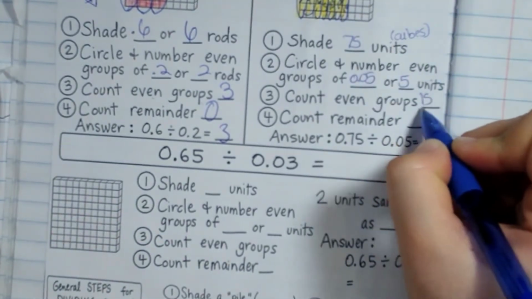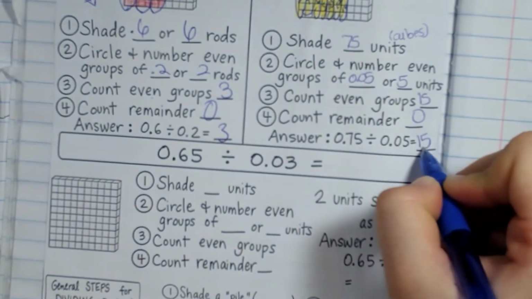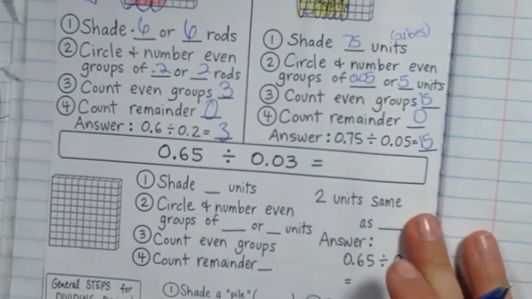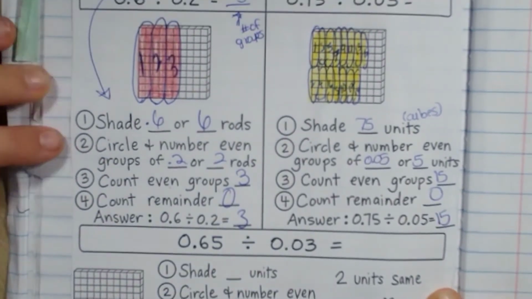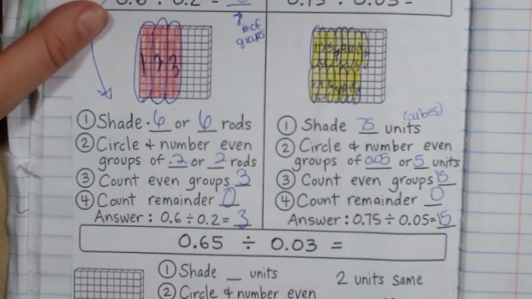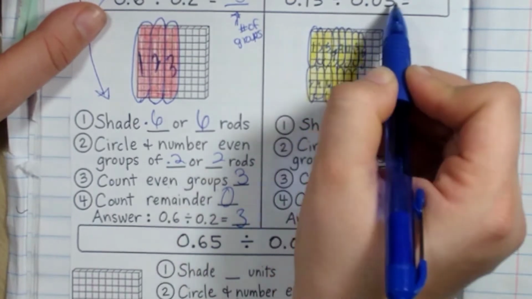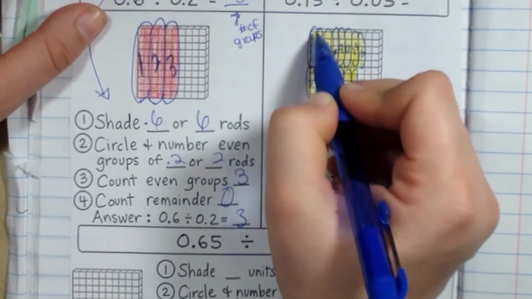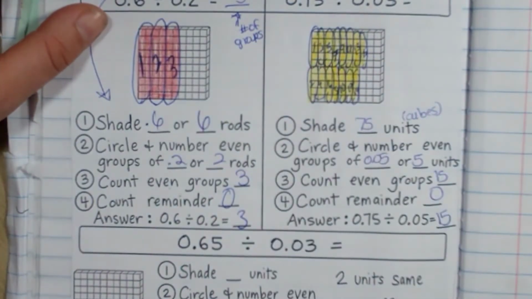We have 15 groups, nothing left over. Our answer is 15 groups. So I went through and counted 5 hundredths and circled each time, and I ended up with 15 groups.